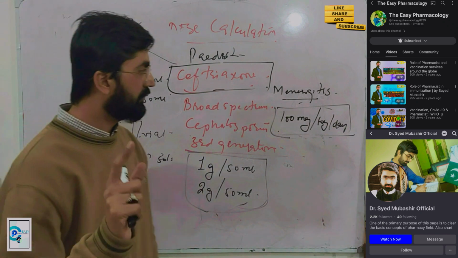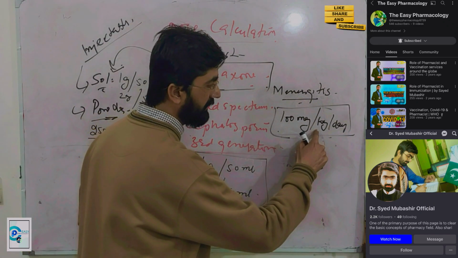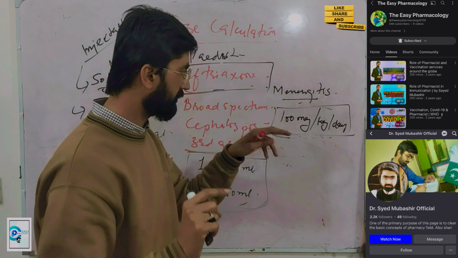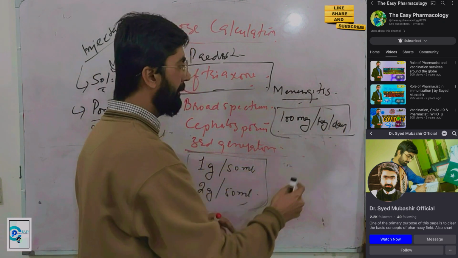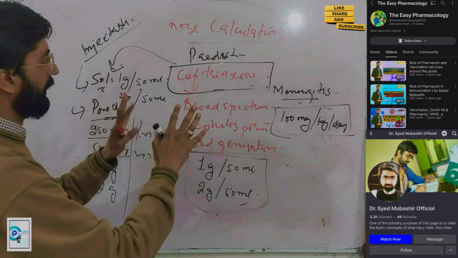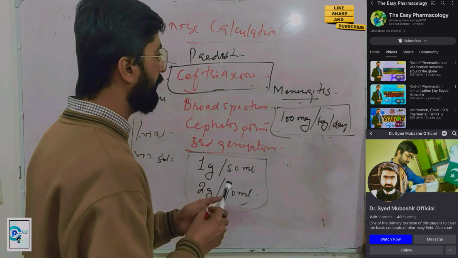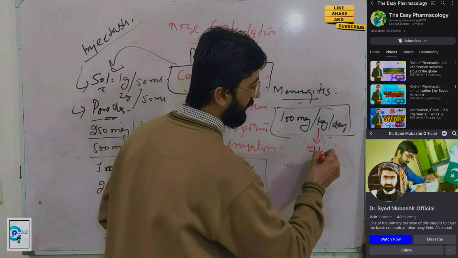So obviously you know very well that this is 100 milligram per kg. If the patient's weight is 1 kg, you can give 100 milligram in the whole day. But for doing this calculation, let's take an example. The patient's weight is, let's suppose, 7 kg.